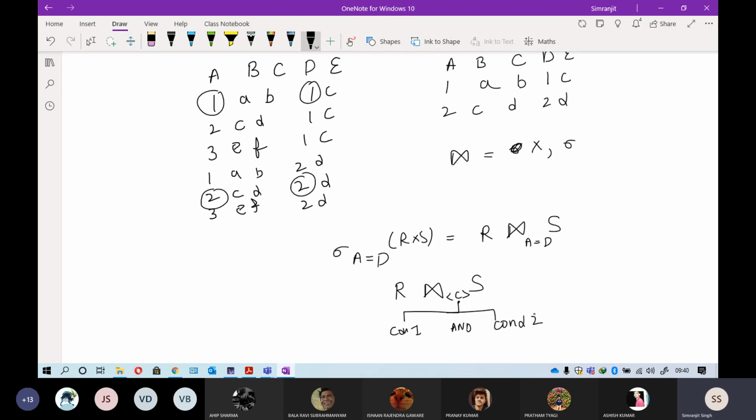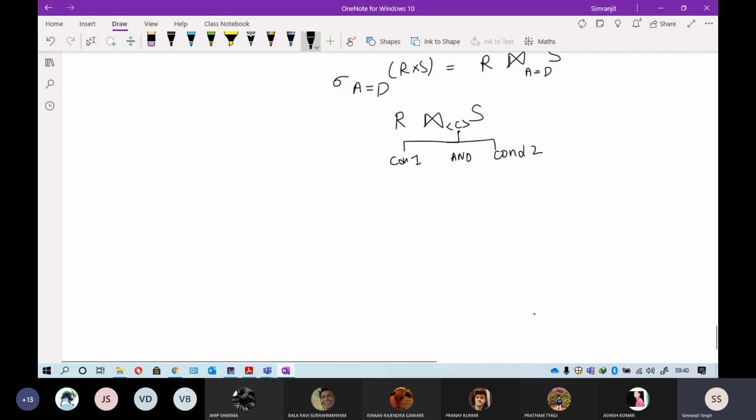Now I want to conclude here. One more thing to conclude before doing it. There is something called a theta join. Whenever the comparison is between the attributes, you can call a join a theta join.